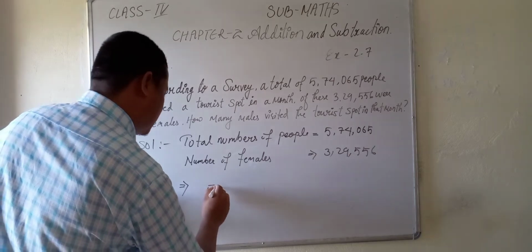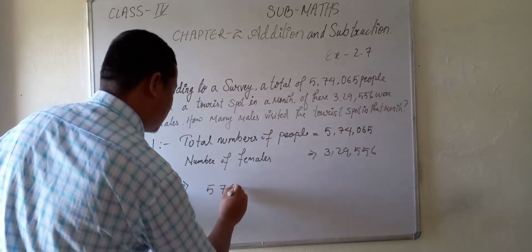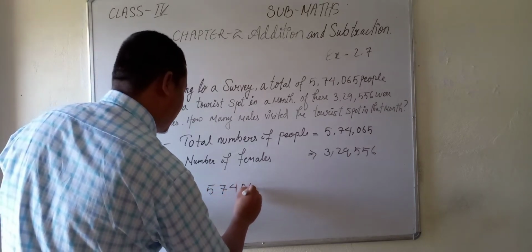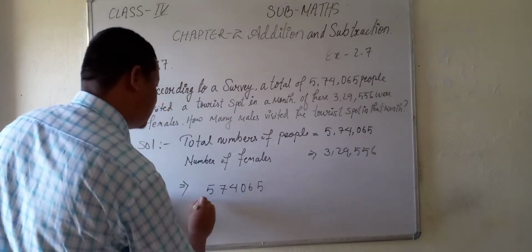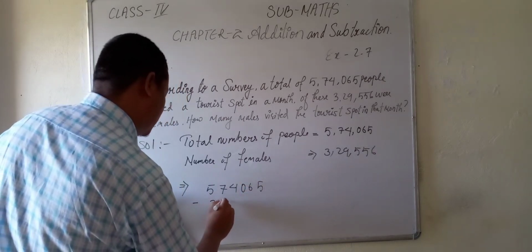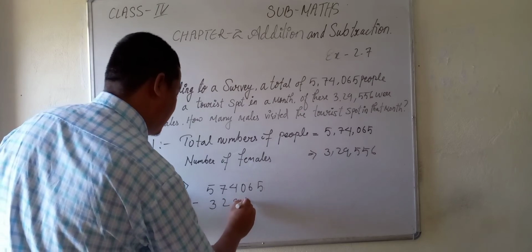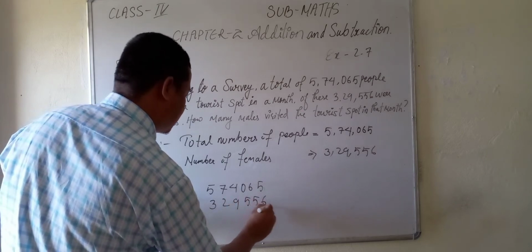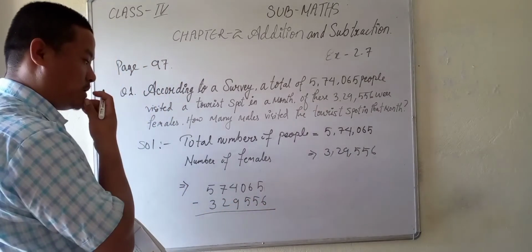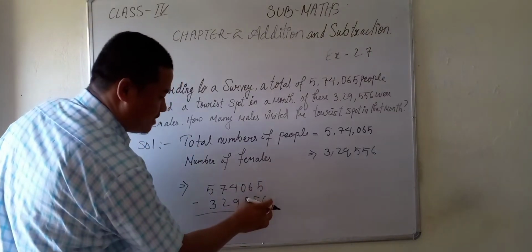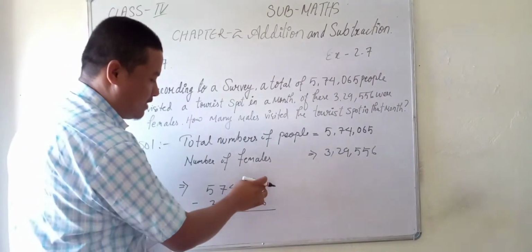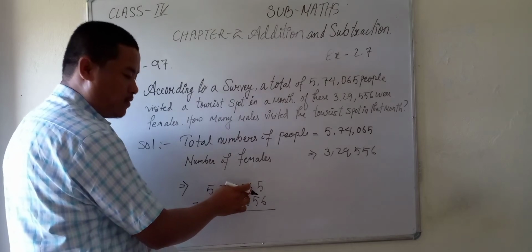Five lakhs 74,065 minus 3,29,556. Now you subtract this one. 5 minus 6. 6 is bigger than 5. So we'll take 10 from 6.